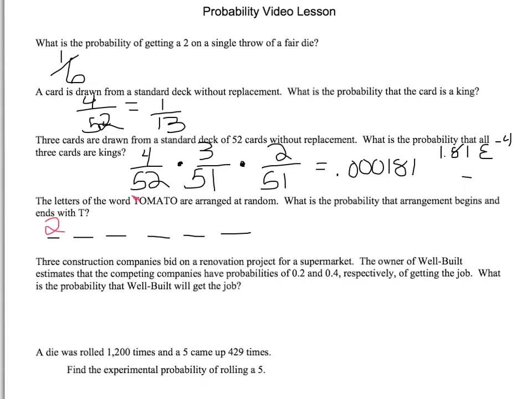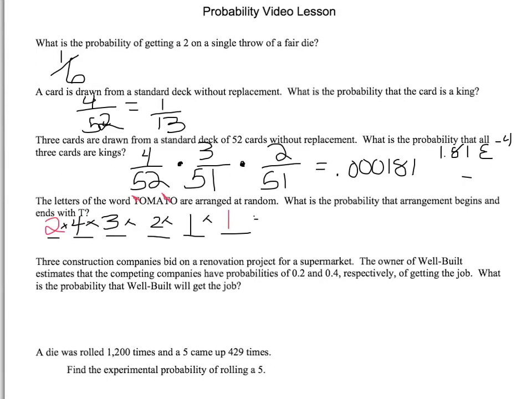If I use that T in the first spot, I have to use the other T in the last spot because it has to begin and end with a T. Then you look and you see you have 4 letters left. So you have 4 options for the second spot, 3 options for the third, 2 options for the fourth, 1 option for the 5th spot. This will be multiplication in between.